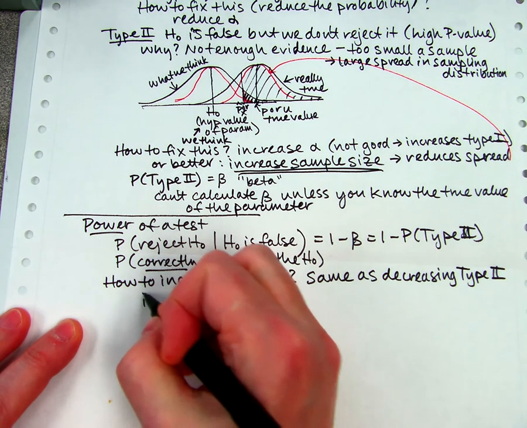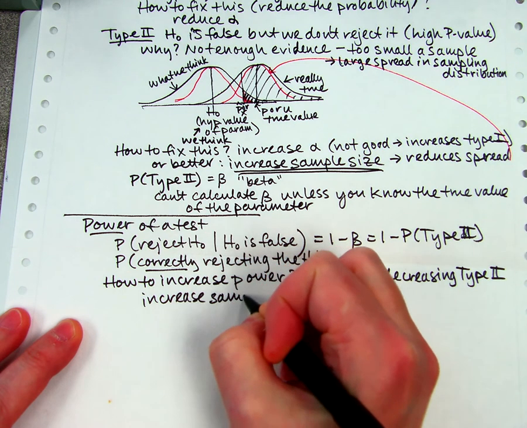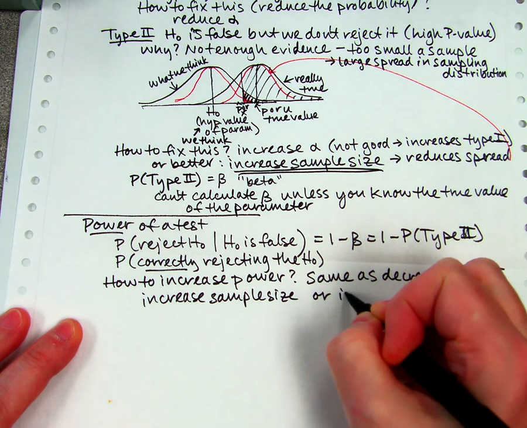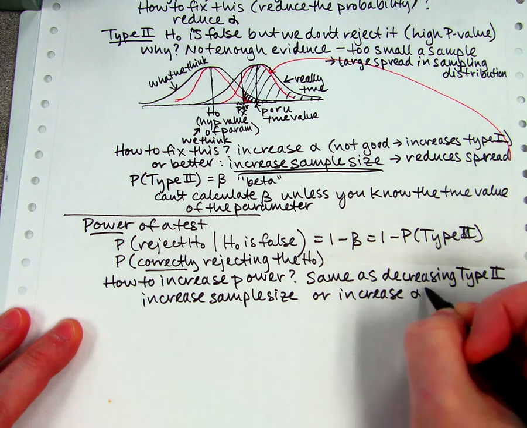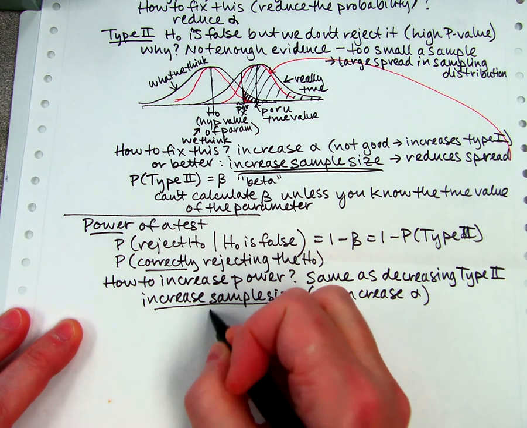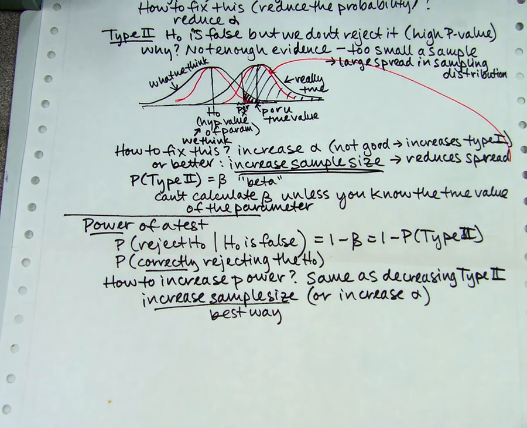You can increase the sample size, or you can increase alpha, which is your significance level. I'm going to put this in parentheses because it's not the best way. This is the best way because it doesn't mess with your type 1.